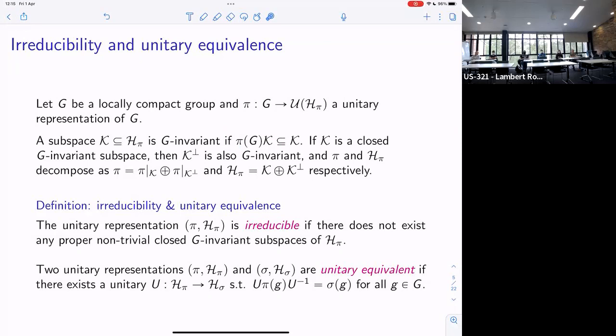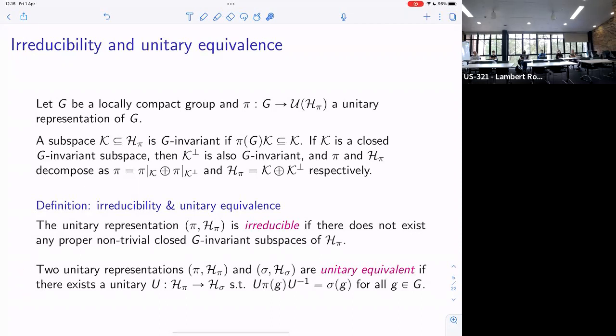And whenever we have a closed G-invariant subspace of our Hilbert space, then the representation decomposes as a direct sum of sub-representations, we call them. So we can decompose our representation into simpler representations and study these simpler representations instead to understand our representation pi. And this motivates the definition of irreducibility. So we call a unitary representation irreducible if there does not exist any nontrivial closed G-invariant subspaces in our Hilbert space.